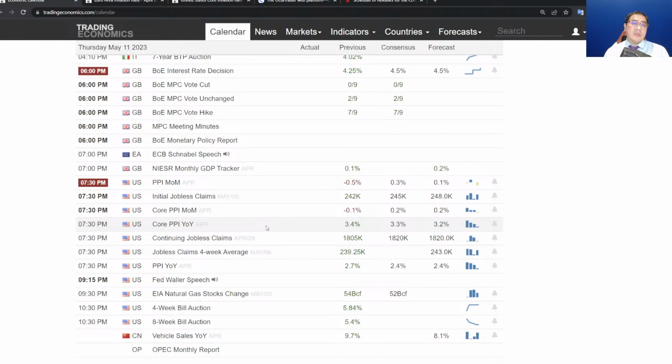That kind of gain on the monthly PPI is not a huge deal. Core PPI year on year is still expected to drop from 3.4 to 3.3. Year-on-year PPI 2.7 to 2.4%. So I don't think it's going to have much of a huge impact unless we get an extremely crazy number like 1% higher than what the consensus is. But yeah.